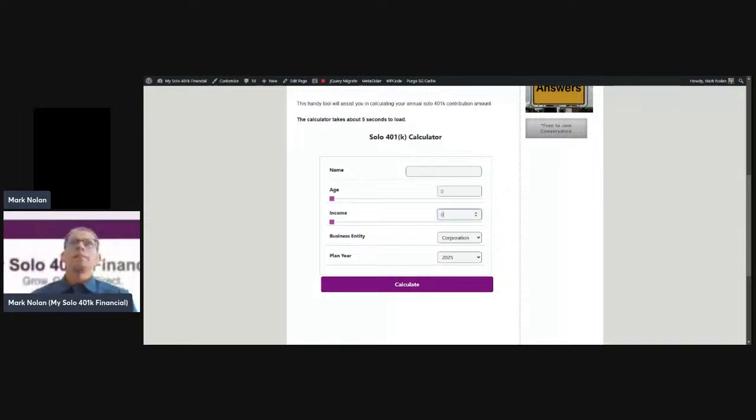So for 2024, the maximum voluntary after-tax solo 401k contribution is $69,000. So let's plug in here 69,000 of W-2 wages from your self-employed business. Again, it's for a corporation, so W-2 wages.